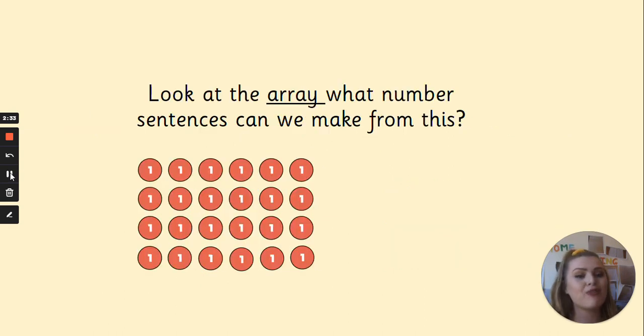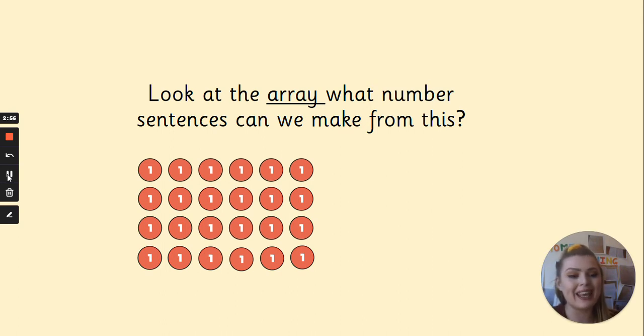Okay, so looking at the array that I have given you, I would like you to pause this video and then write down all the number sentences you can think of for this array. What multiplications and what divisions is this array showing us? So let's have a look at some of the answers you might have got.